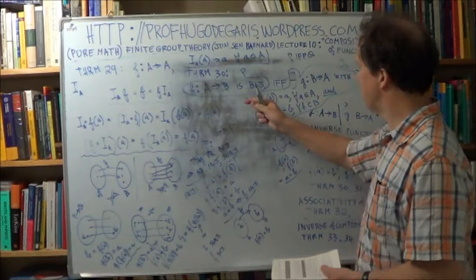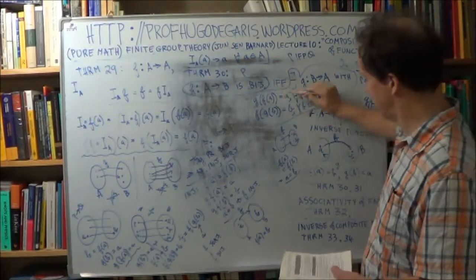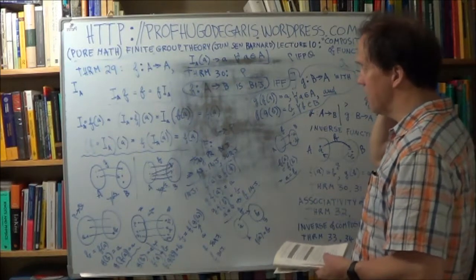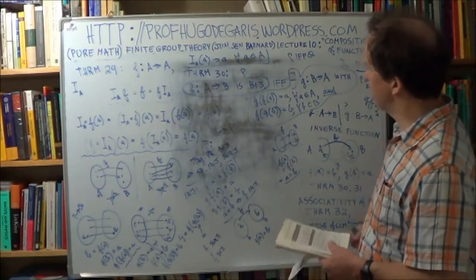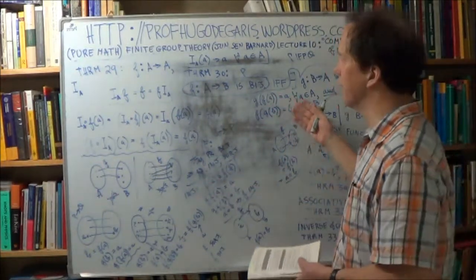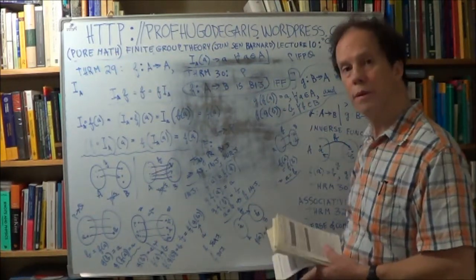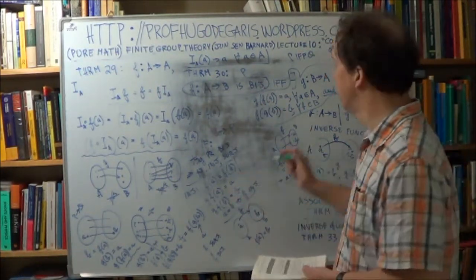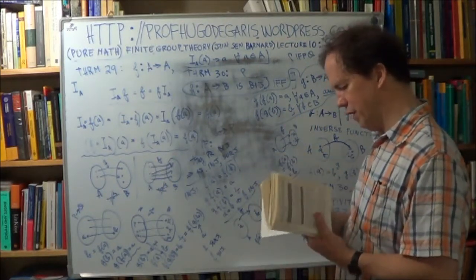If this G is cancelling out what F does, with these properties, it's taking you back to where you started. So in a sense, it's like the inverse function. Well, it is the inverse function, and that's what it's called. So we now label that G the inverse function.